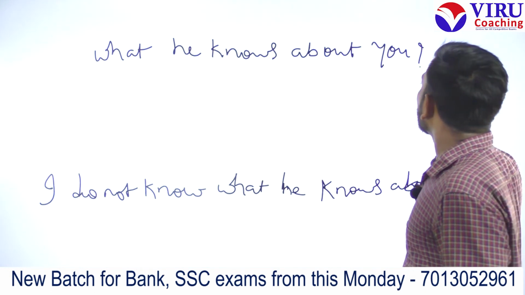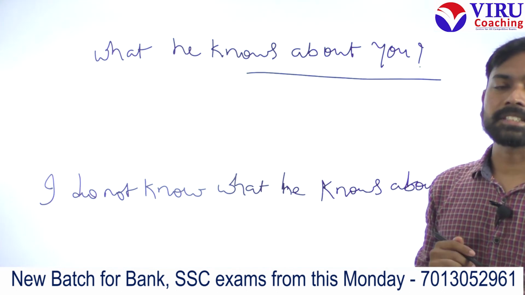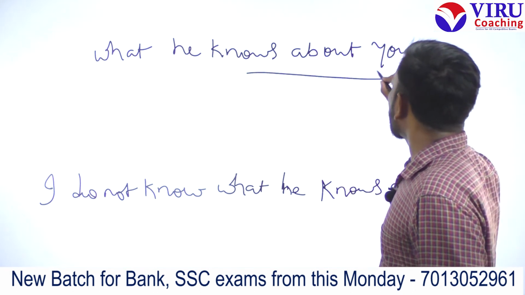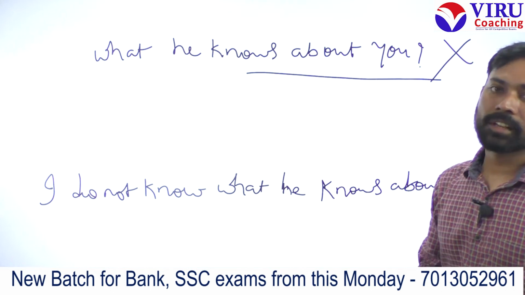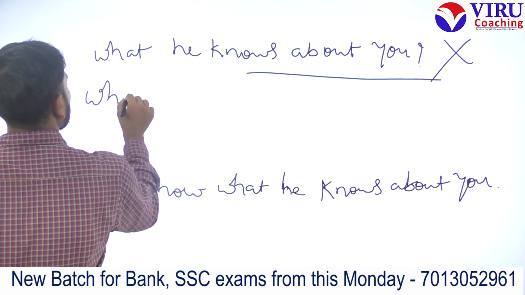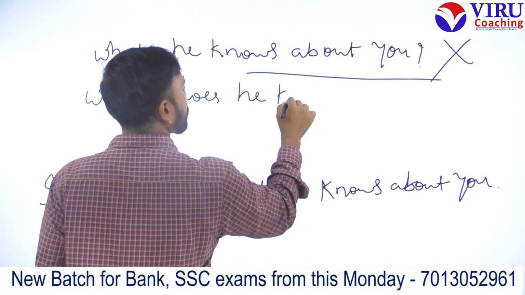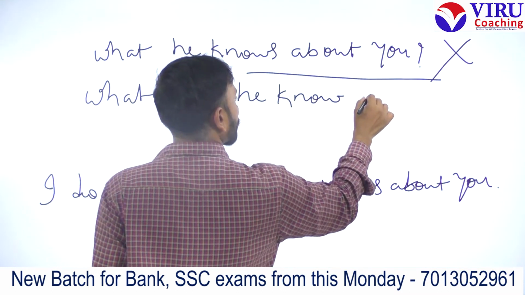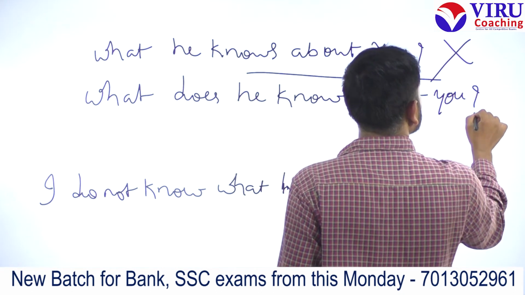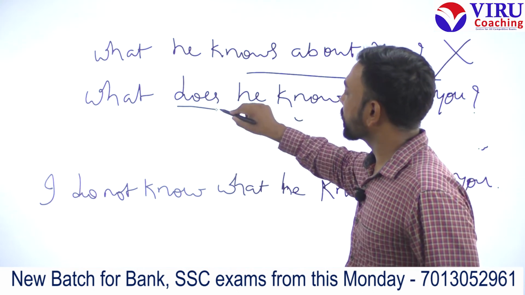Now, let us look at this sentence. Is it right grammatically? Is there any mistake in this interrogative sentence? Yes. "What he knows about you" is a wrong sentence. You have to correct it. What does he know about you? When you know that this is an interrogative sentence, you must always have does before the subject.